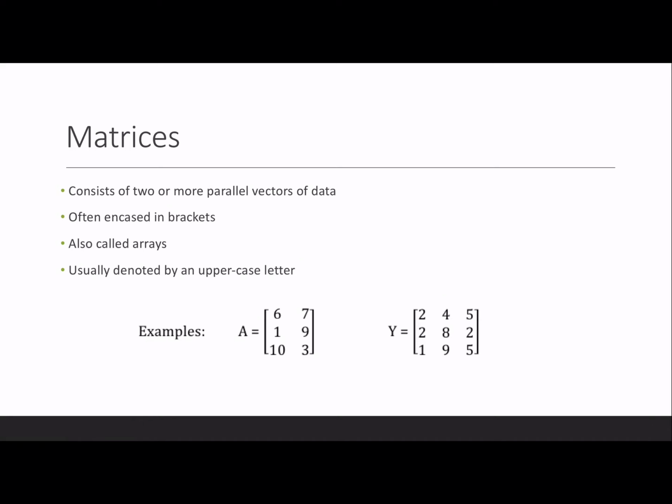Looking at matrix A, there are 2 columns, so maybe the left column is time and the right column is weight, and the first row is the first sample, the second row the second sample, the third row the third sample, and so on.